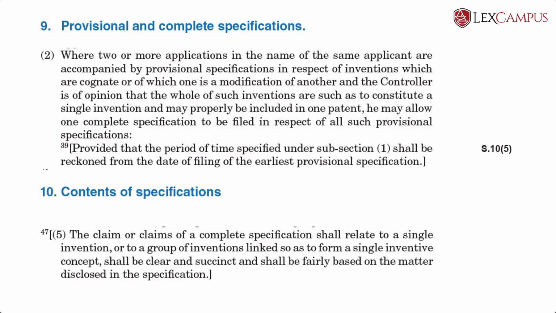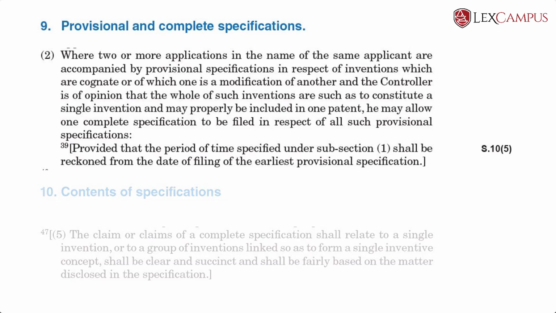So, it is not necessary that every provisional should be followed up by one complete specification. You can club provisional specifications provided they relate to the same invention. Section 9(2) uses the language cognate, provided they are cognate or one is a modification of the other. In such cases, the controller can allow one complete to be filed based on multiple provisional specifications.